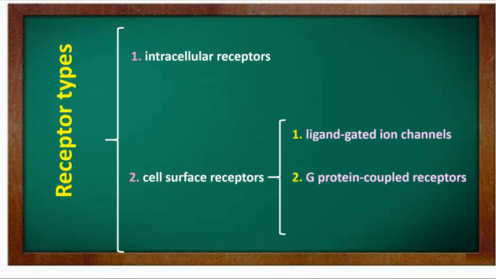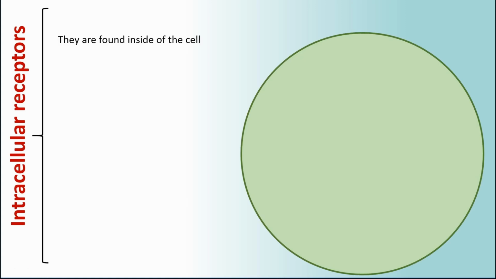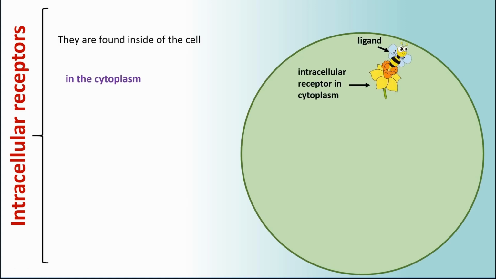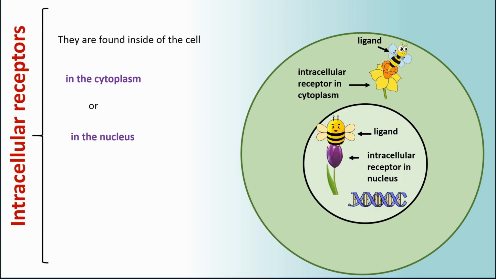Number 2, G-protein coupled receptors. And number 3, receptor tyrosine kinases. Intracellular receptors. They are found inside of the cell, in the cytoplasm, or in the nucleus.